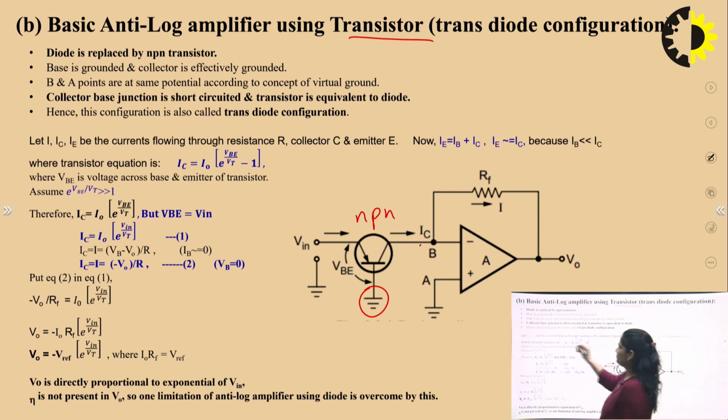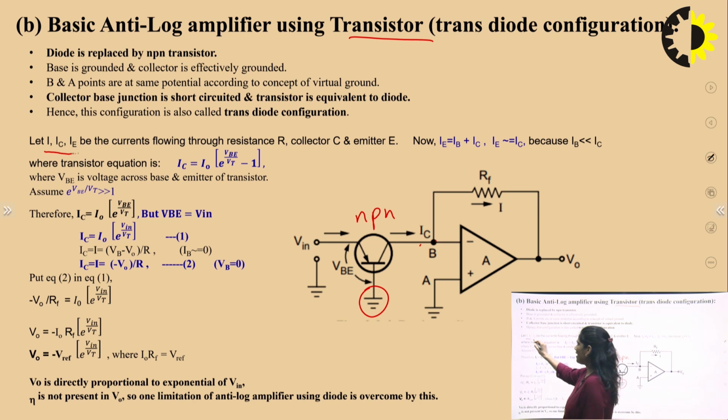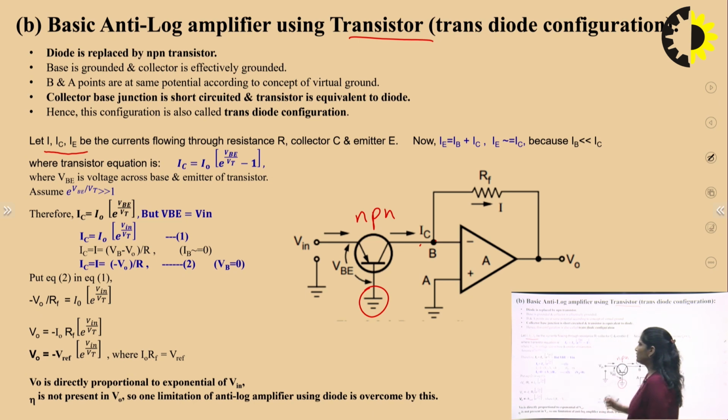Now this transistor is used. I, IC and IE are the currents flowing through resistor R, collector C and emitter E. You know IE is equal to IB plus IC.